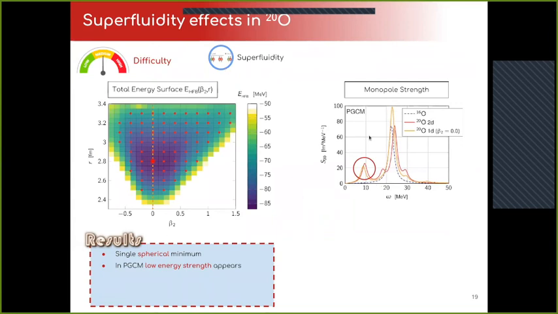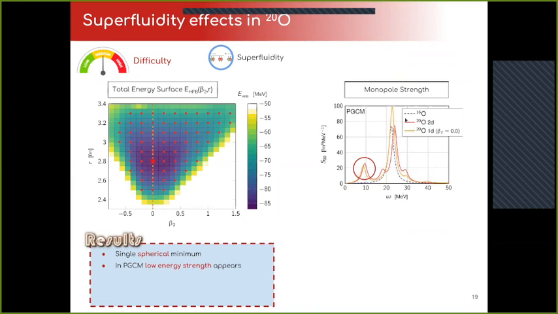And indeed, in the P-GCM case, we see the appearance of some strength in the low energy domain. Here, as usual, the red solution is provided by the combination of all these red dots, so trying to include coupling to quadrupole fluctuations, whereas the yellow curve is obtained combining only the spherical solutions.